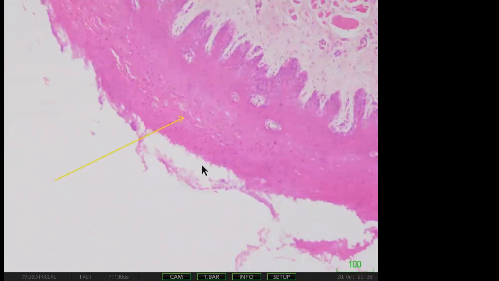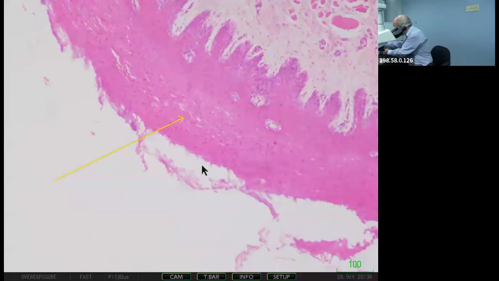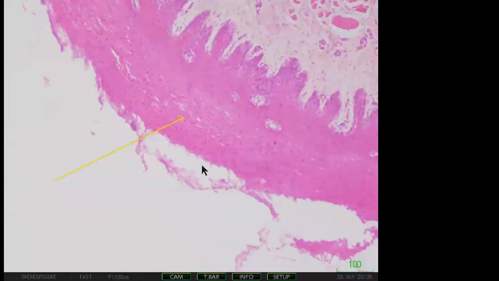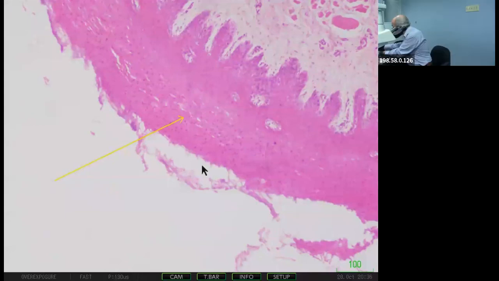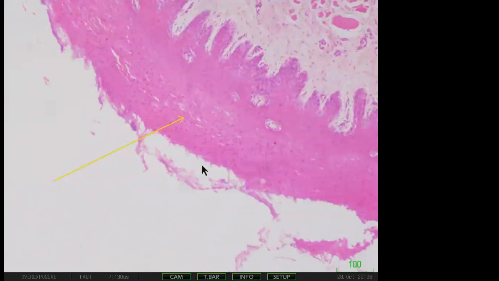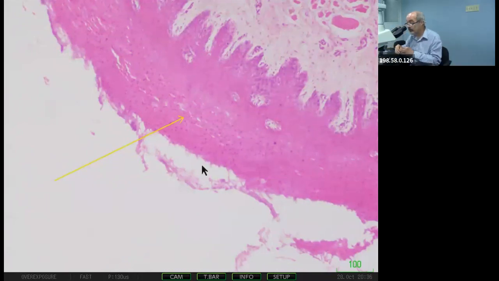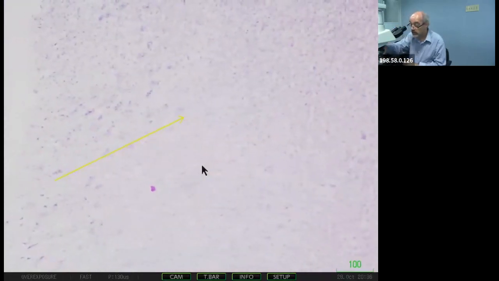The eye? No, stratified squamous non-keratinized. In the esophagus and the vagina. Good. Esophagus and vagina. And now maybe this one to finish.